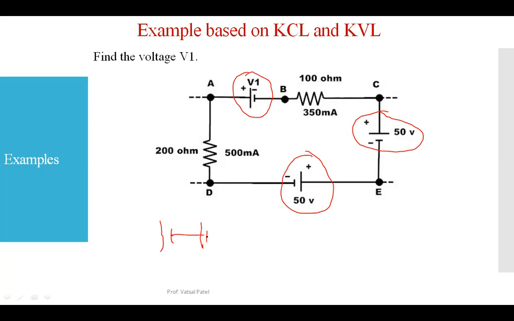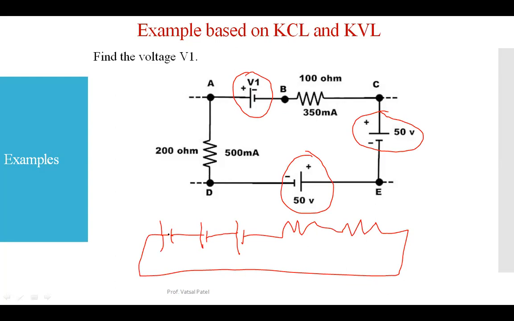Because they are all connected in series, can we arrange it like this? If we rearrange this diagram, can we draw it like this, where the three batteries are connected in series and the two resistors are also connected in series? Yes or no?